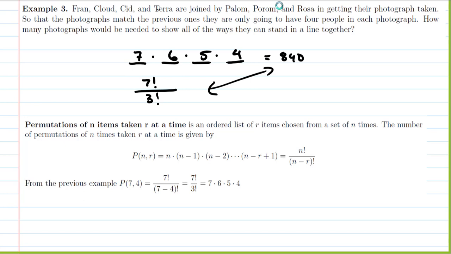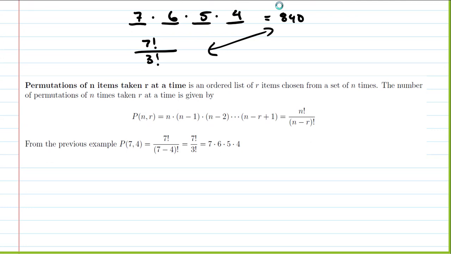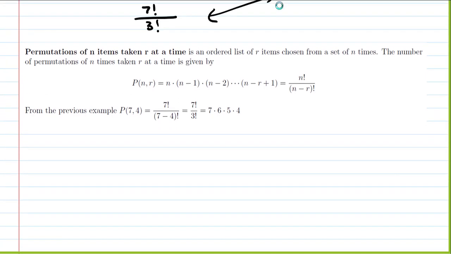So anytime we need to arrange n items in subsets of size r, where the order matters, we can use this formula. So as we said in the previous example, P of 7, 4 is 7 factorial over 7 minus 4 factorial, which would be 7 factorial over 3 factorial, which was what we wanted.